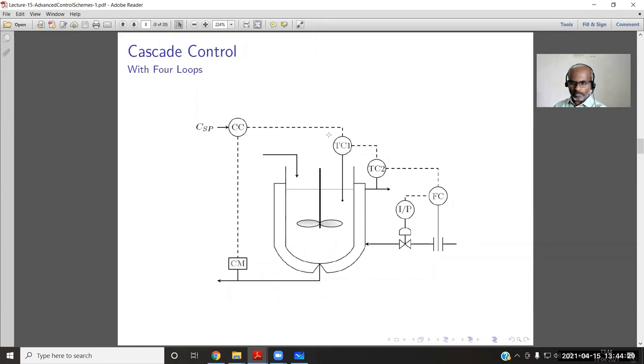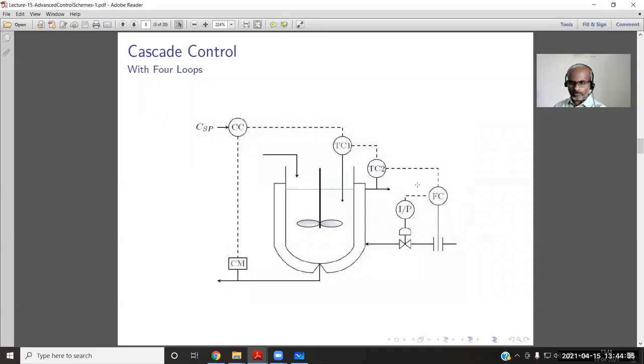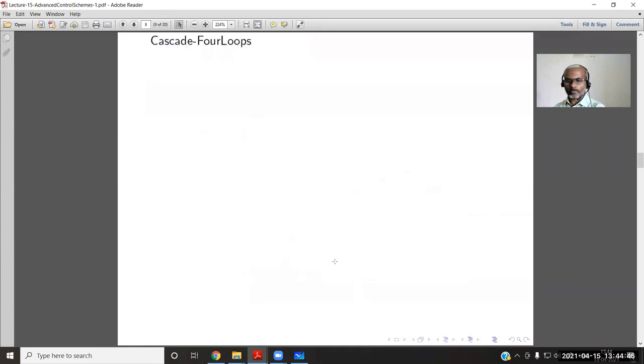For example, for TC1 the set point is given by CC, for TC2 the set point is given by TC1, and for the innermost loop, the next outer level controller is giving the set point.